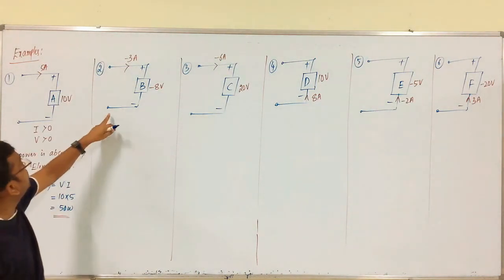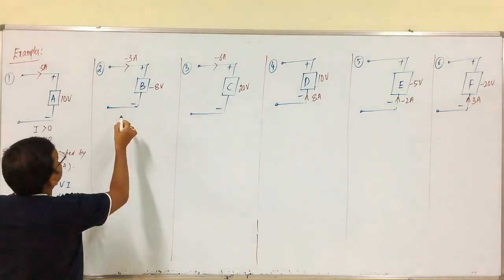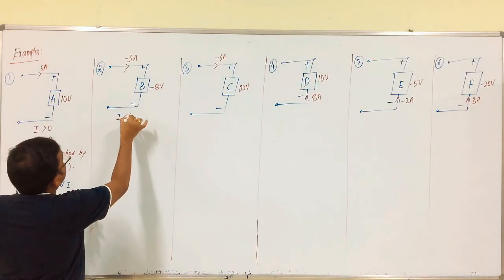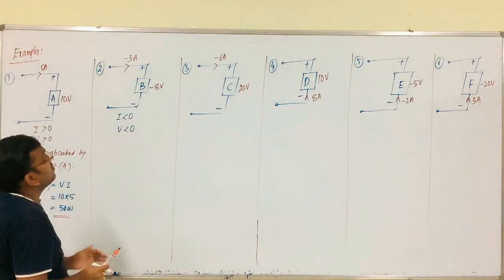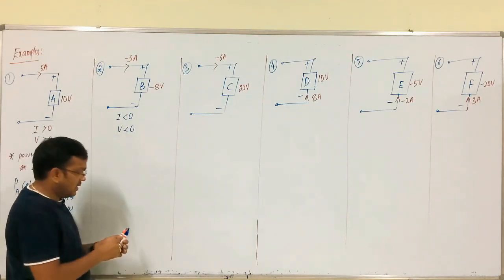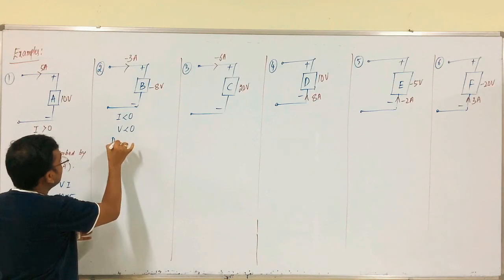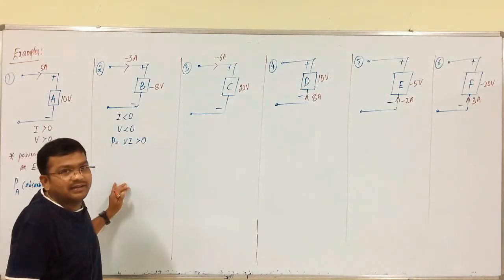So, coming to this problem, here the current is less than 0 and the voltage is less than 0. Then the multiplication of these two is positive, that is P equals V I should be more than 0, right.